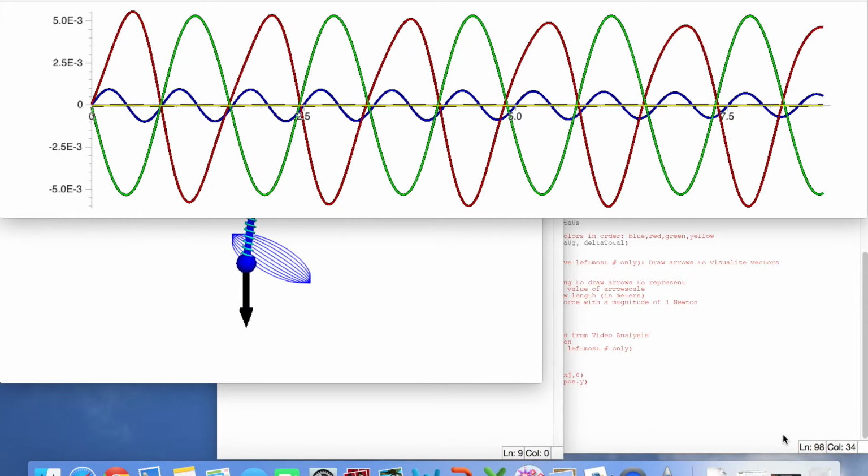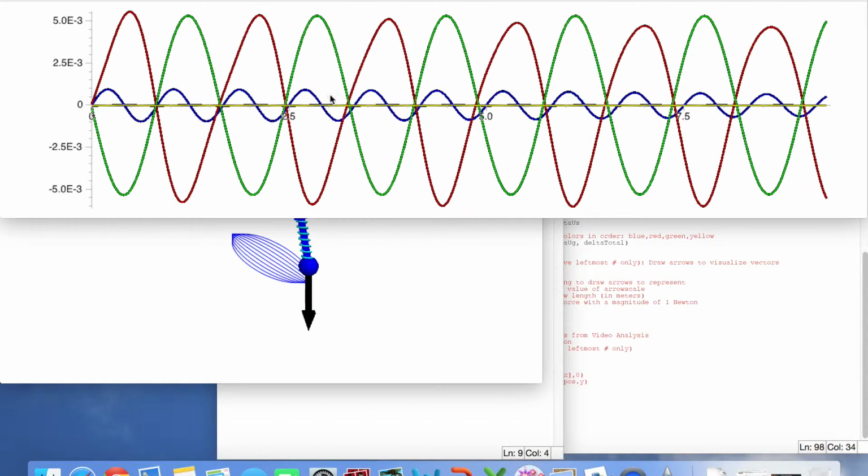Some observations pertaining to the change of kinetic energy is that it oscillates about twice as fast as the potential energy changes do. And we can see that the yellow arrow representing the total energy change is 0, just as we expected based on the energy principle we've discussed.